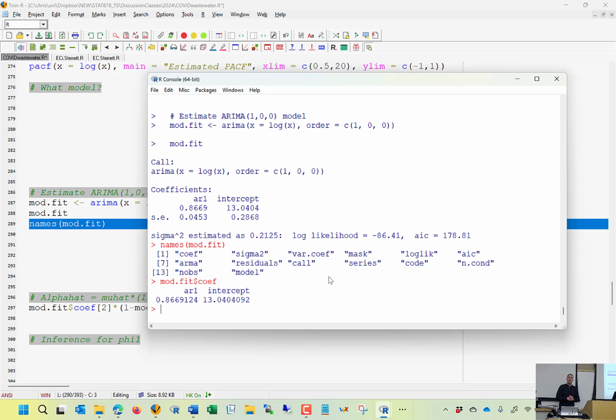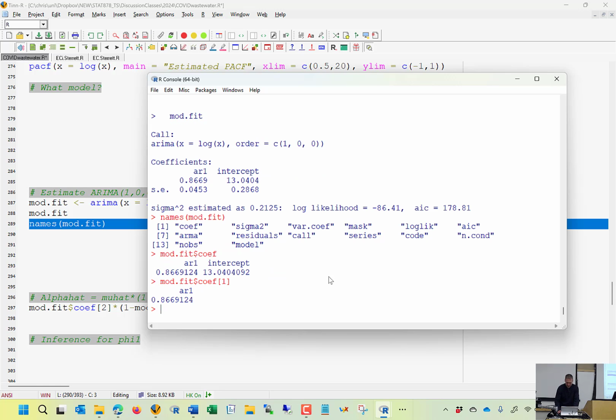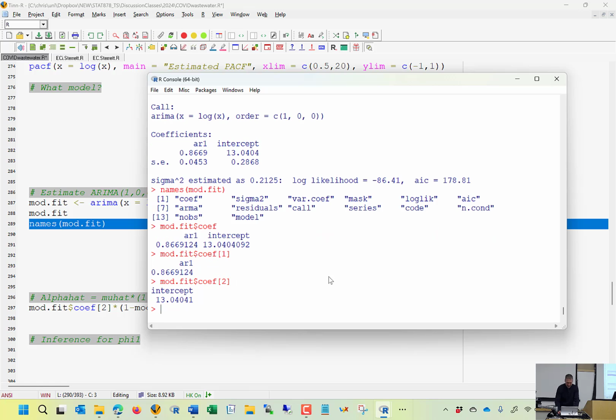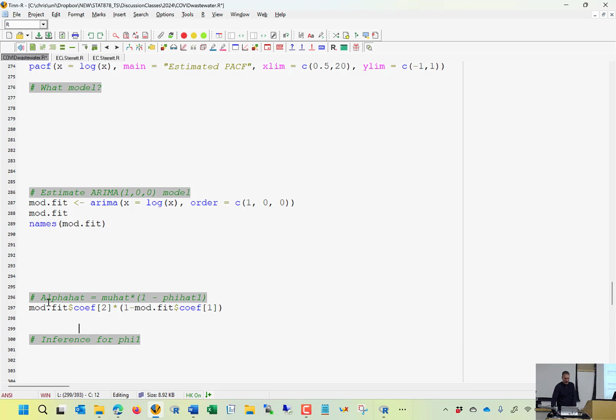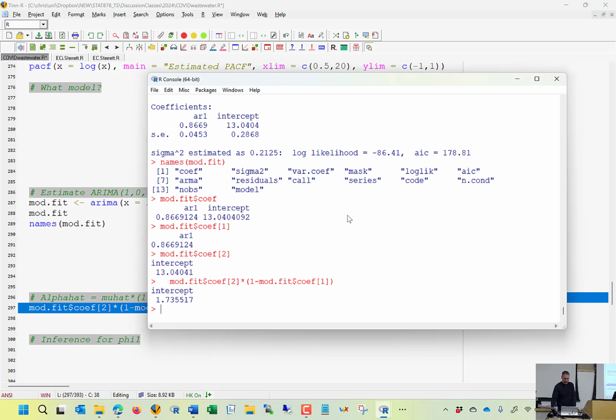And this is what I get. That first element is phi hat 1. The second element is what R refers to as intercept. That is actually mu. It's a poor name, but that's what it is. So to find alpha hat, I take the second element, mu hat, times 1 minus phi hat 1, and here's my alpha hat.